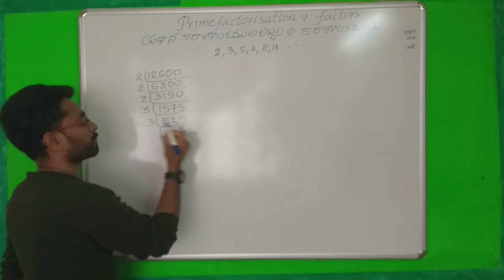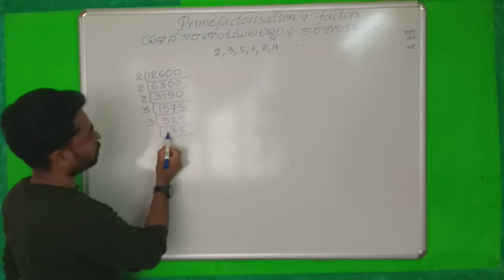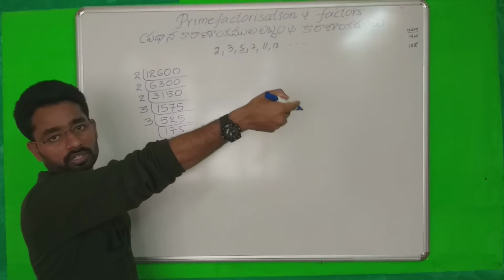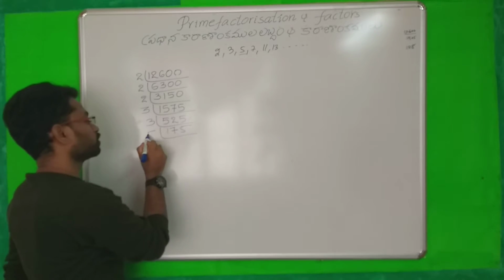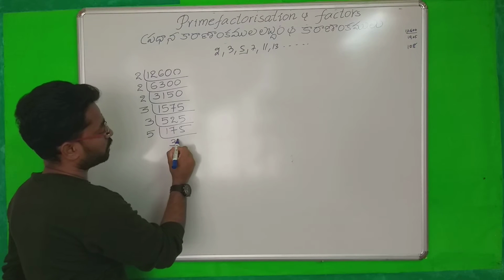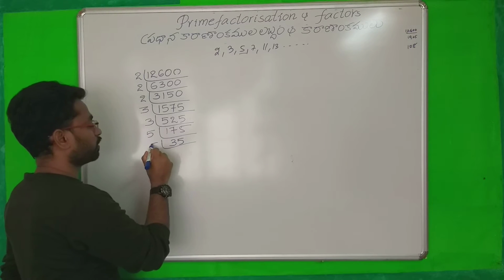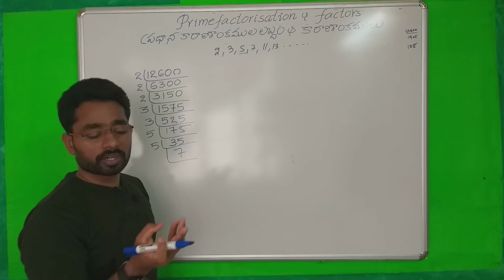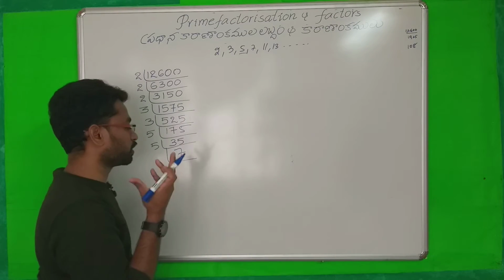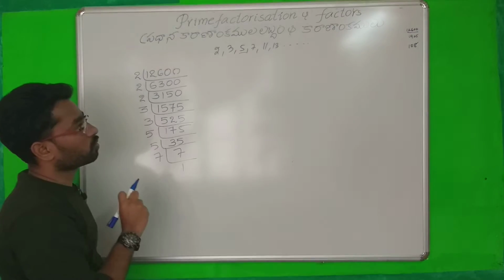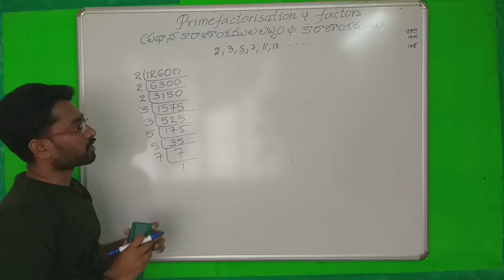Again, we check whether it is divisible or not. No. So if it is not divisible, check the next prime number. Yes, 5, because the units place is 5. 5 threes are 15 and 25, 5 fives are 25, 5 sevens are 35, 7 is a prime number, it is divisible by 1 and itself. So you have to take 7 only, 7 ones are 7. So this is called the prime factorization process.